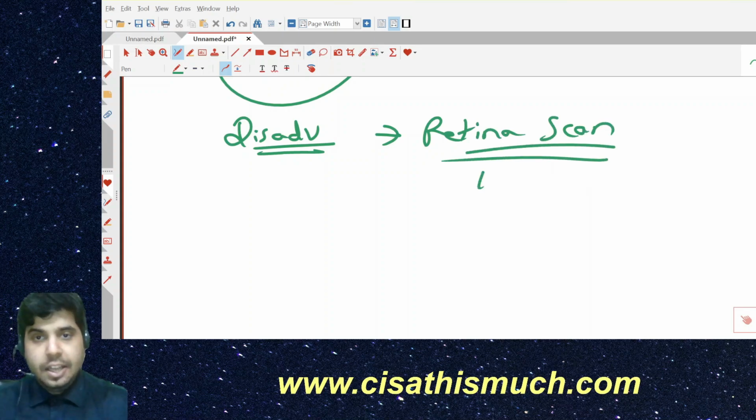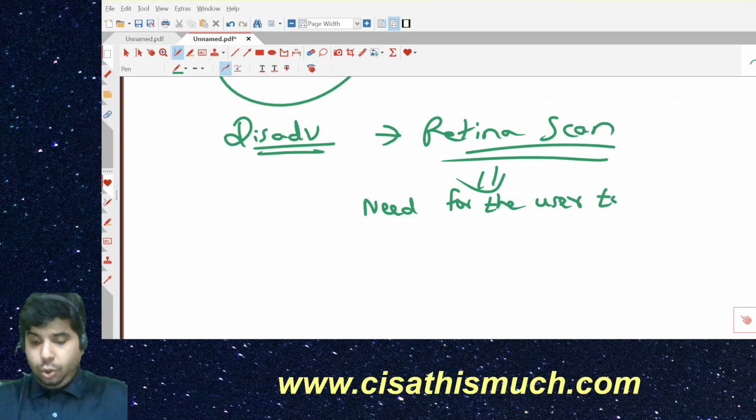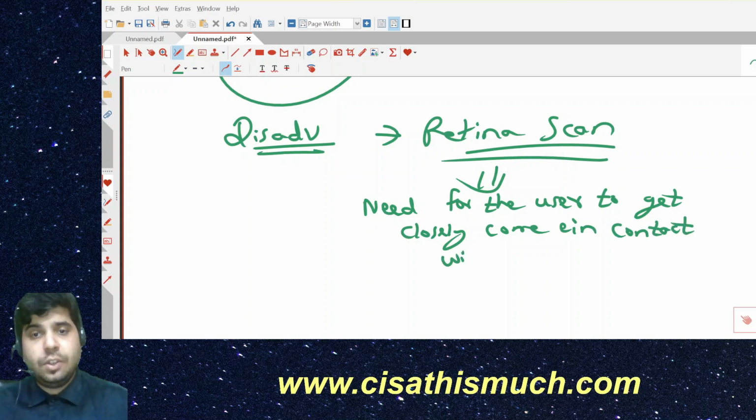There is a need for the user to get closely connected to the device, to come in close contact with the scanning device.